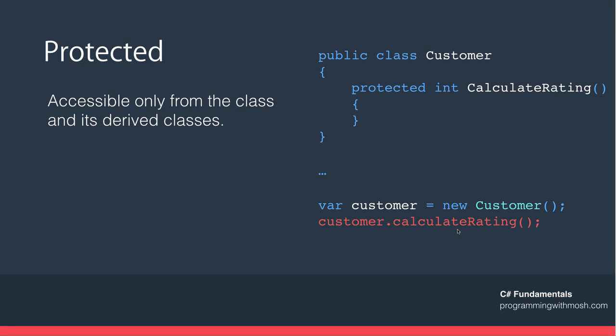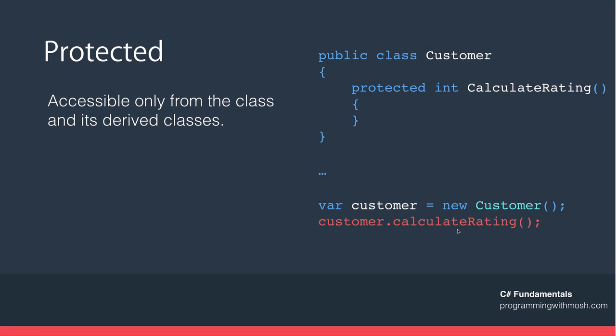We don't want anywhere else in the code base any dependency to this method. Now, the problem with the protected modifier is any classes derived from this class will still be able to see this method. And that breaks encapsulation, because as I've explained throughout this course, encapsulation is about hiding the details inside a class and only revealing the minimal, that is the public interface of a class.